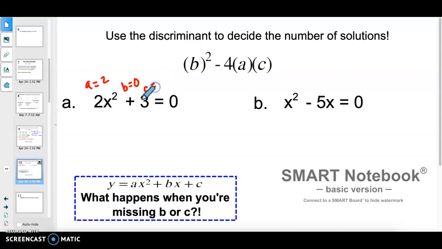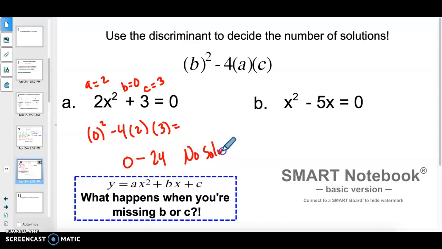And then C is the constant and it has no x, so C is 3. When you plug it in, it would look like 0 squared minus 4 times A times C. So you'd have 0 minus 4 times 2 is 8 times 3 is 24. So 0 minus 24 is a negative number, so this one would have no solution if I graphed it.